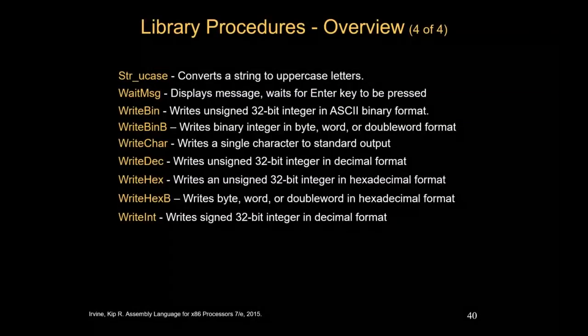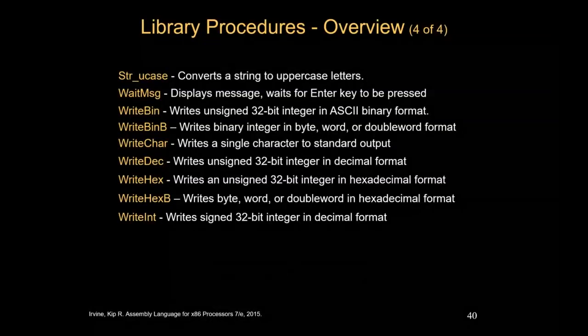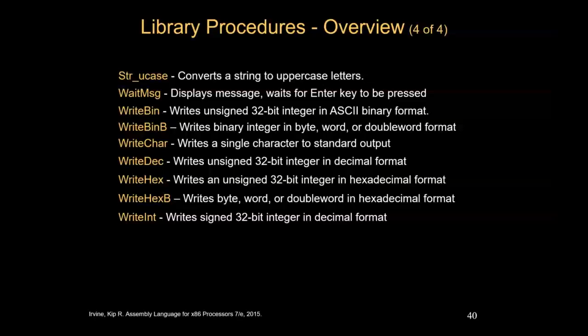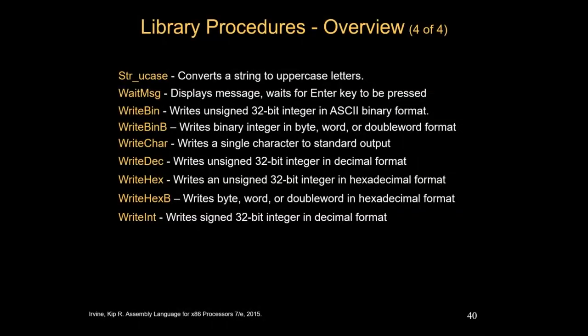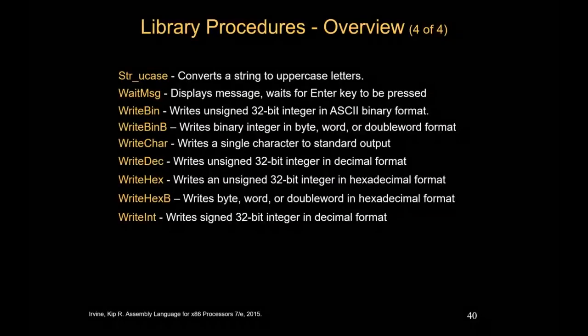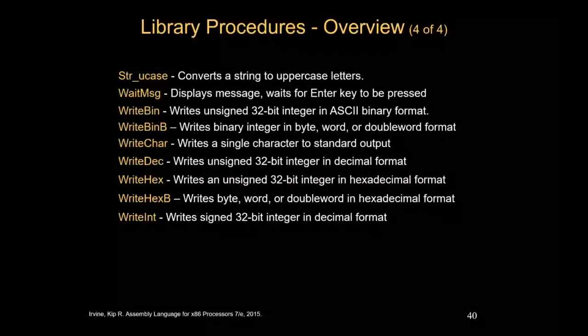WriteDec writes unsigned 32-bit integers in decimal format. WriteHex writes unsigned 32-bit integers in hexadecimal format, and WriteHexB writes a byte, word, or doubleword in hexadecimal format, and WriteInt writes a signed 32-bit integer in decimal format.